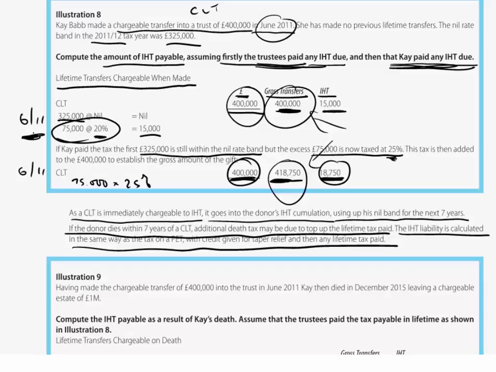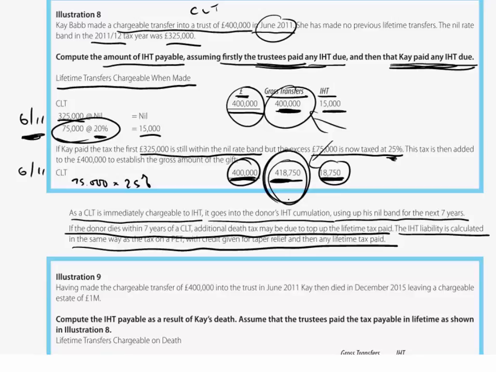If you'd waited until July of 2018, more than 7 years, then the old gross transfer total on this lifetime transfers chargeable when made computation would now have run its 7-year cycle and would have been removed from this computation. You could go again with the then available nil rate band.